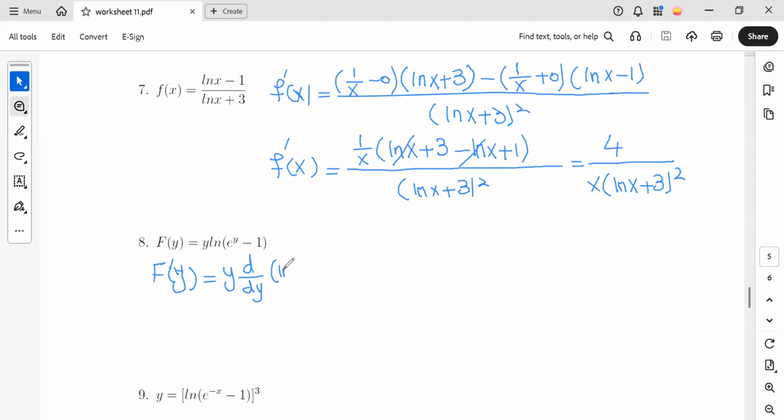So ln of e to the y minus 1, plus copy the second one, which is ln of e to the y minus 1, multiplied by the derivative of the first one.